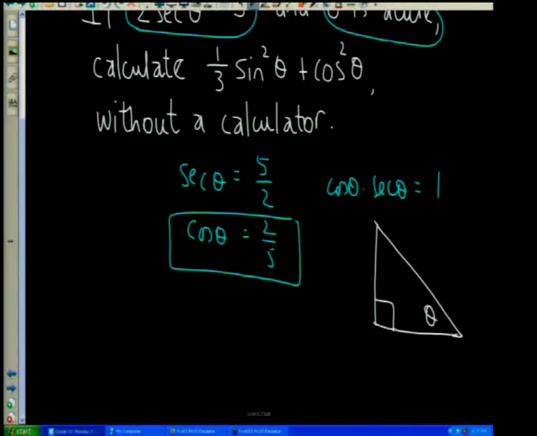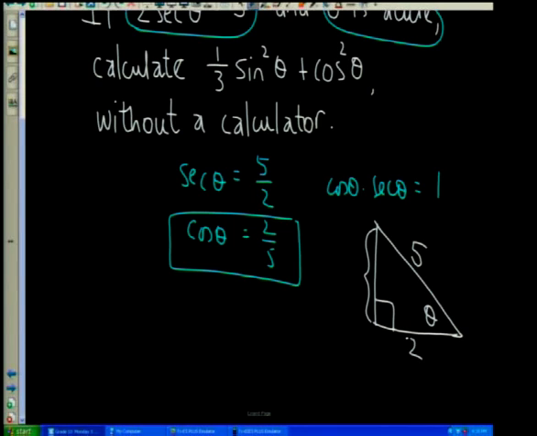There's my theta, it's a right angle triangle, and we've got that cos theta is equal to 2/5, and cos is adjacent over hypotenuse, which automatically helps us because we can now find out what the third length is without a calculator. We're not meant to find theta.